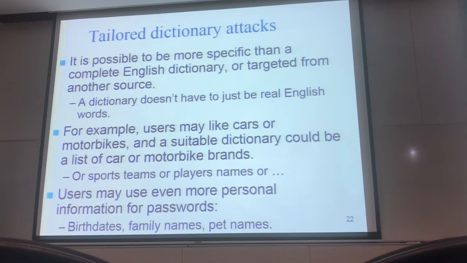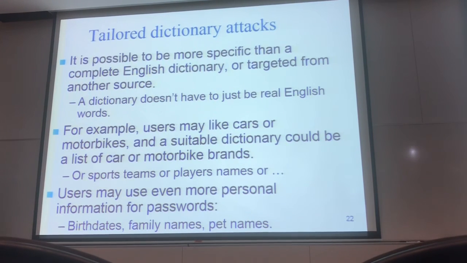For example, if I know this guy is very interested in a particular type of sport, for example basketball or tennis, and there is a favorite sport superstar in that sport, then sometimes you can predict the password. You can reduce the number of possible passwords by looking at the information you can collect from that particular person.